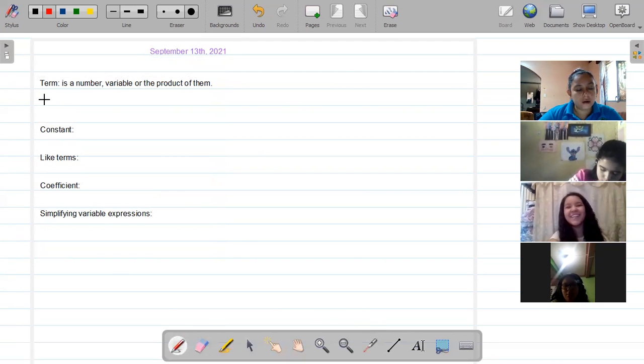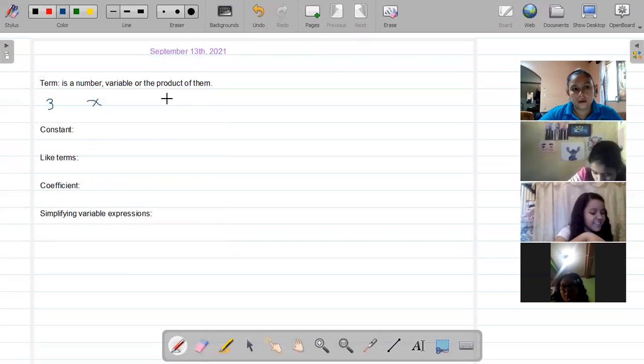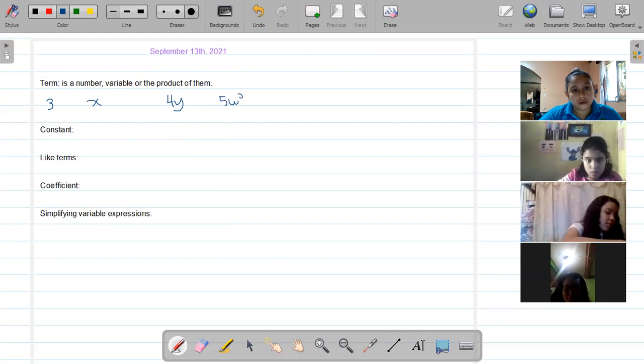Do it in blue. 3 is a term. X is a term. 4y is a term. And terms can also have exponents. So for example, 5w squared. All of those are terms, okay?